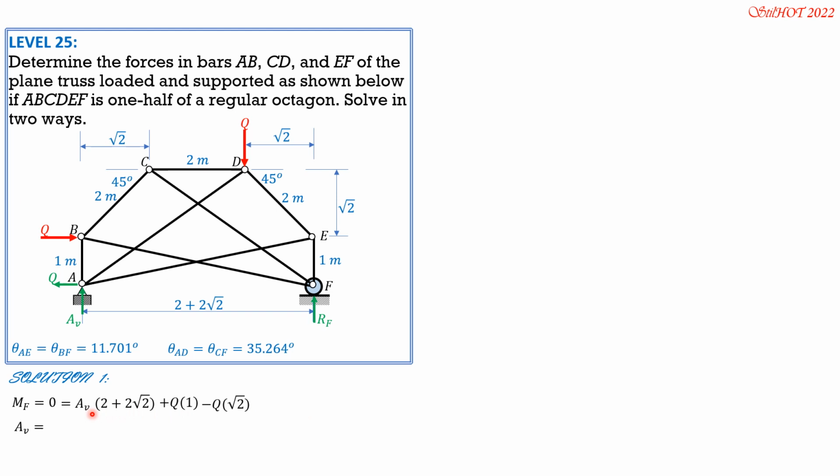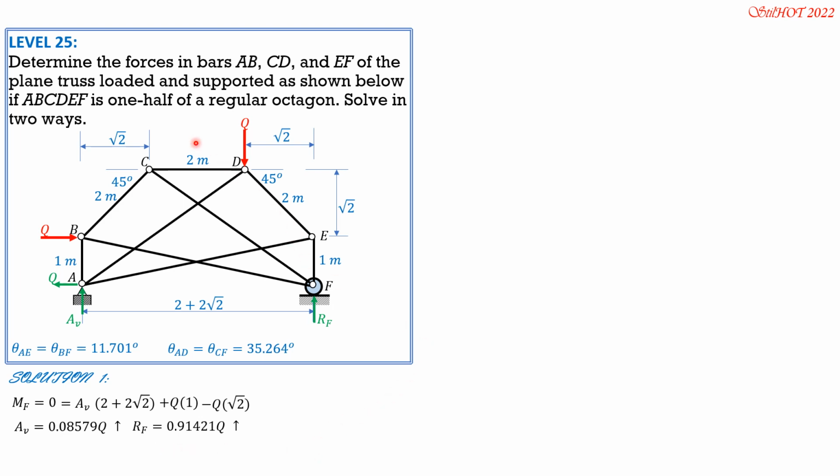So AV is 0.08579 Q upward. Then RF is simply summation of forces vertical. So it is equal to Q minus 0.08579 Q. So RF equals 0.91421 Q.